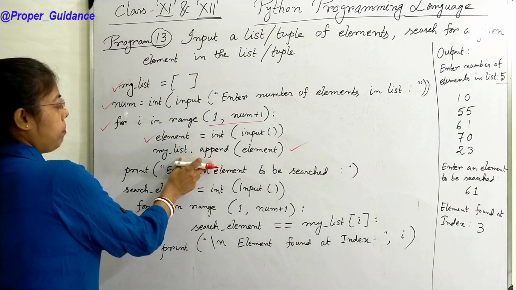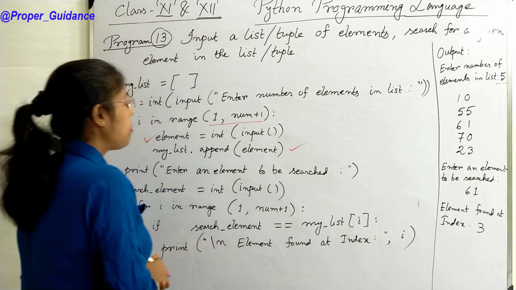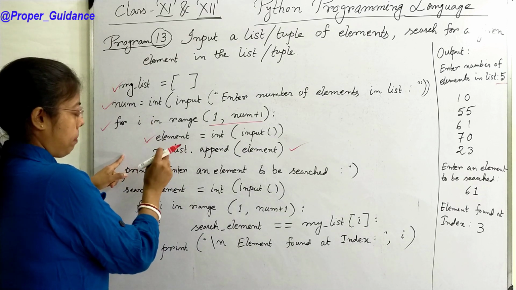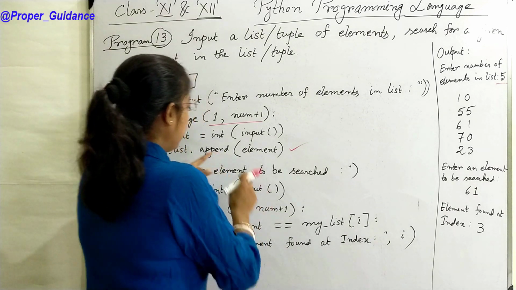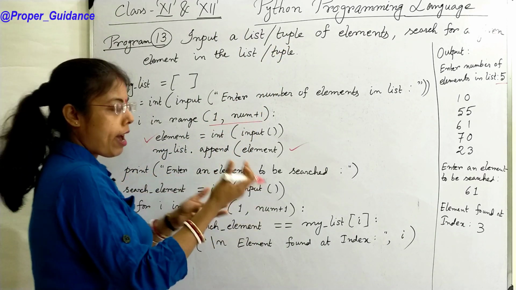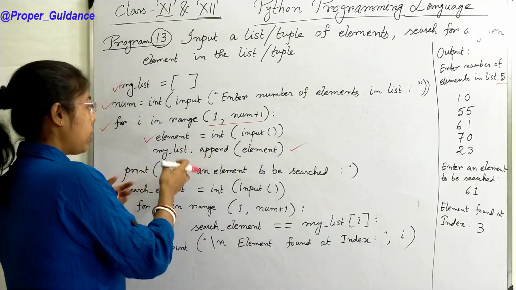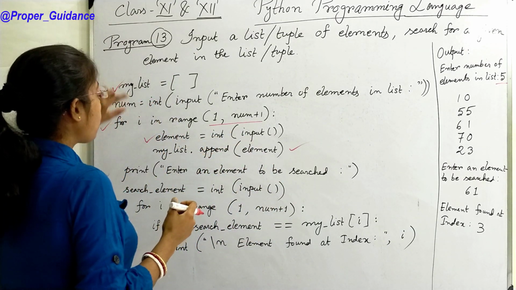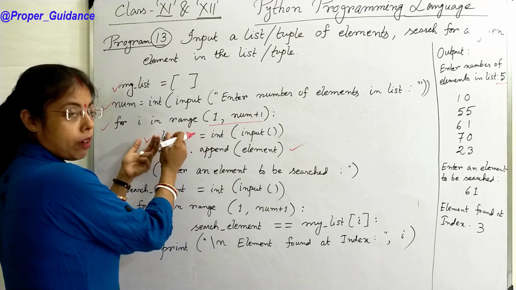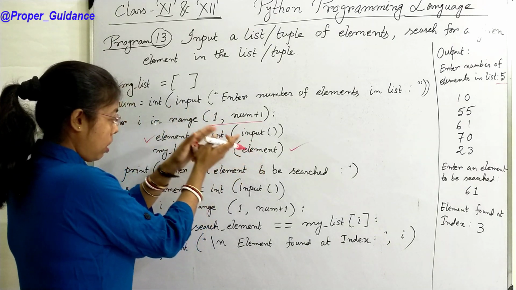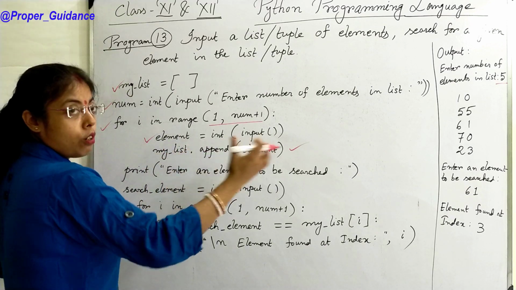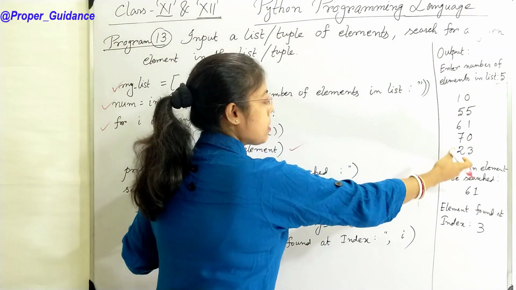We are already acquainted with this line because in our previous program we have already used that statement. The append method is an inbuilt method of the Python programming language to append elements to a given list. Here our list is my list, so we append the elements by taking input through the input method in the element variable and passing it to the append statement. We will get the list filled with the given elements.